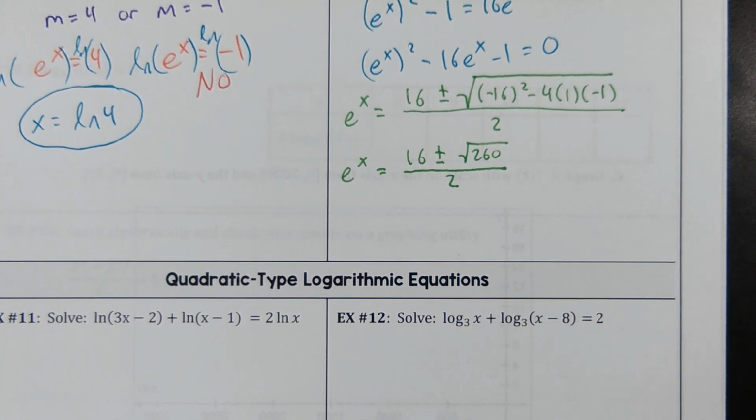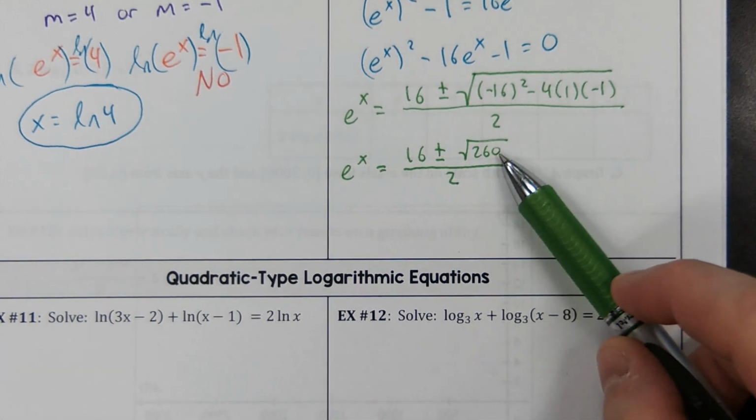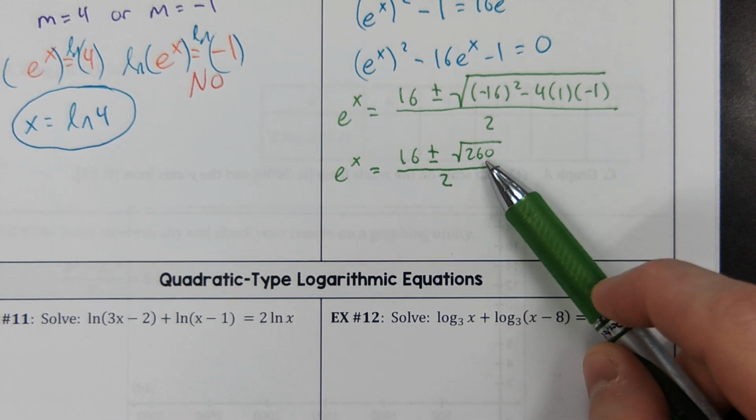So is there a perfect square that goes into 260? I don't think 16 goes into it, but 4 does. Do you know the divisibility trick for 4? You look at the last 2 digits of any number that's more than 2 digits. Is 60 divisible by 4?